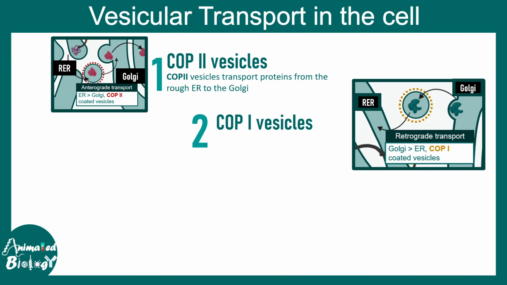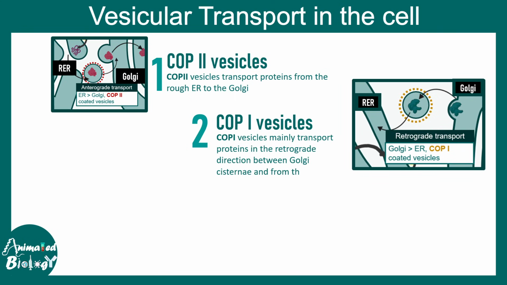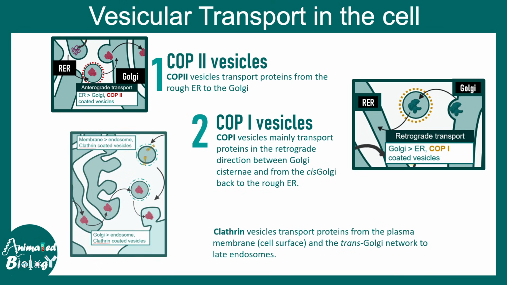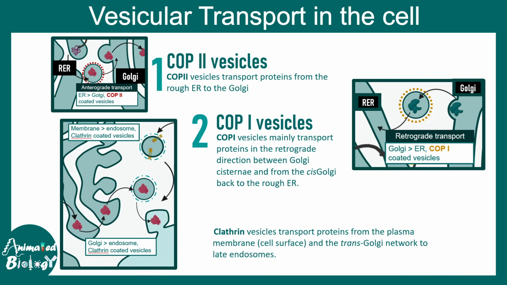Then we talked about the COP1 coated vesicle, which mediates the retrograde transport and moves things from cis-Golgi back to the endoplasmic reticulum. Then we talked about the clathrin-coated vesicle, which has a variety of utility. Basically, it can transport things from plasma membrane to the endosome, or maybe from trans-Golgi network to the endosome, and many others. So the clathrin-coated vesicle is the third category of vesicle.